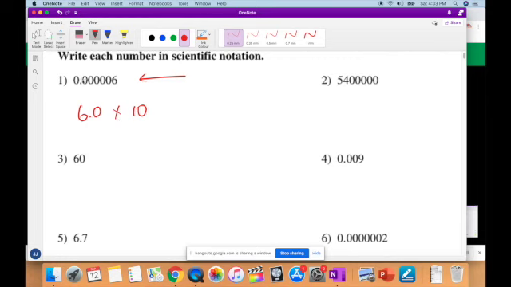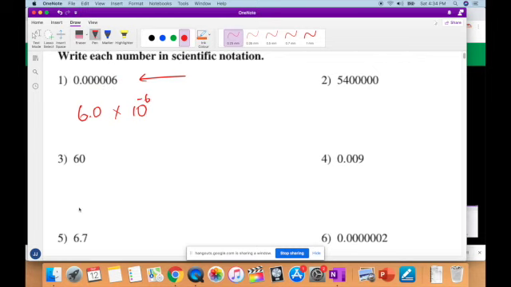Well, all you had to do is count from the decimal place here. 1, 2, 3, 4, 5, 6. So would it be 6.0 by 10 to the 6? Negative 6. Thank you, Caitlin.